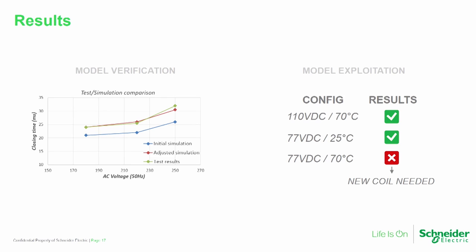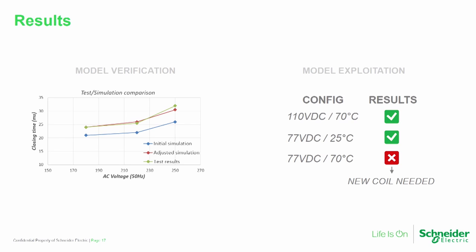So we see with the gain tuned, we had quite a representative model, and this allowed us to give an answer to our marketing team, saying, okay, in nominal conditions, this could work at this kind of voltage for this kind of configuration. But in the corner case, with very low voltage and very high temperature, we needed to work on the product, to modify it and to provide a new coil.